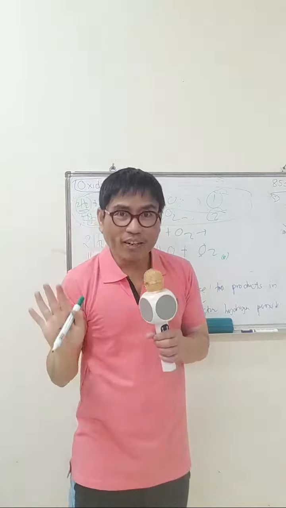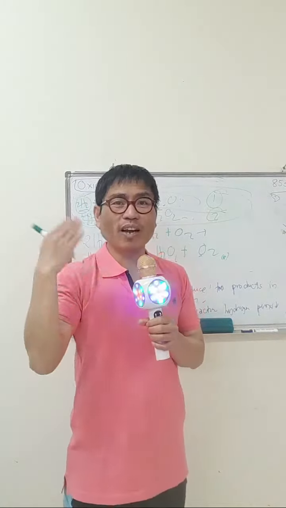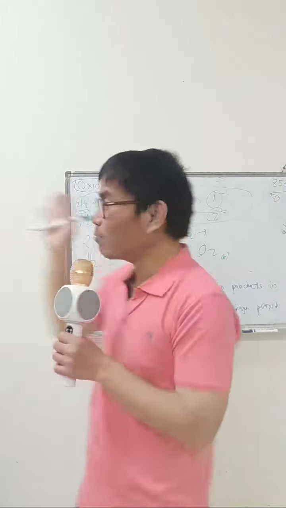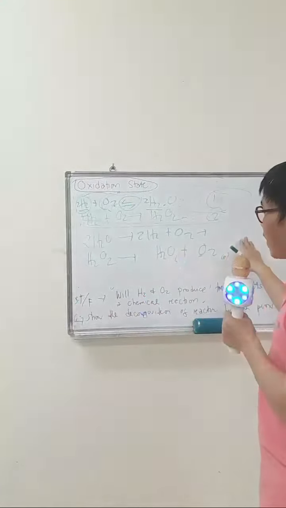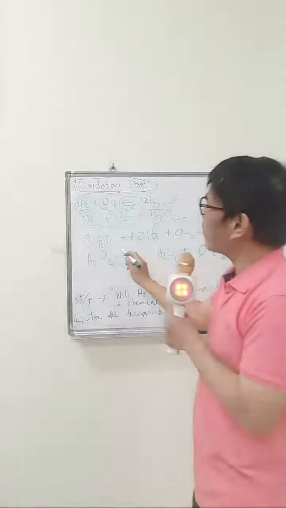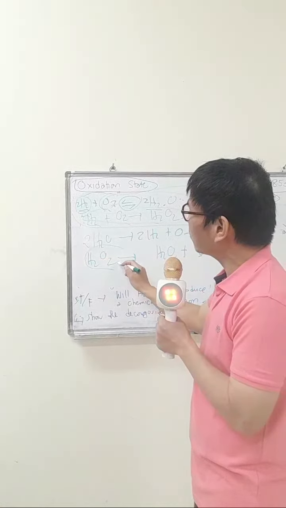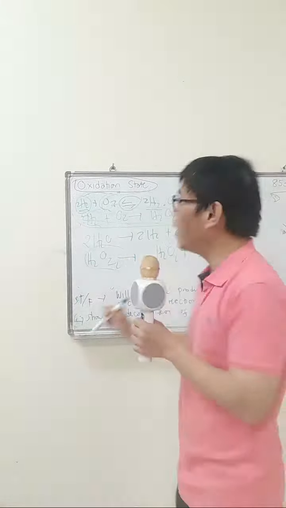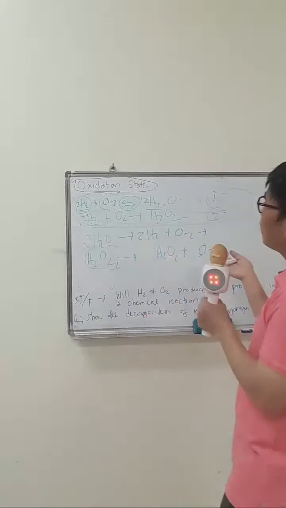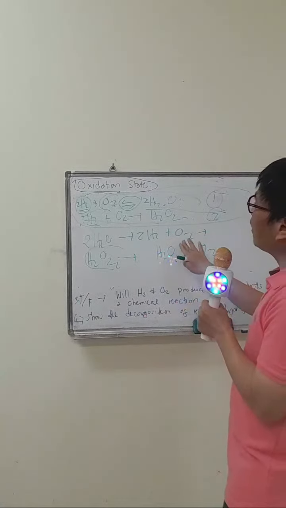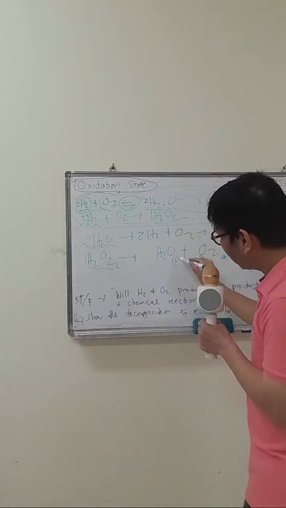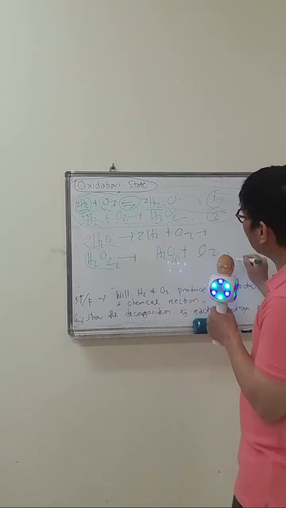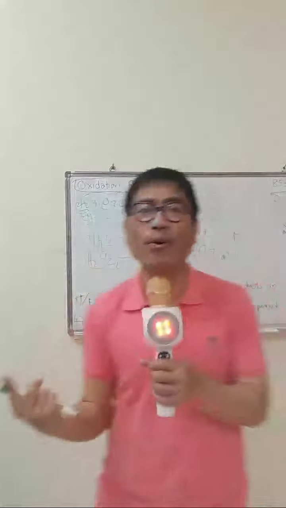But in here, we need to do that because we are always looking at the spontaneity and reversibility of the chemical reaction. So starting from liquid hydrogen peroxide, small letter l, it will split up into water liquid and oxygen gas. Now, this oxygen will have the arrow up.